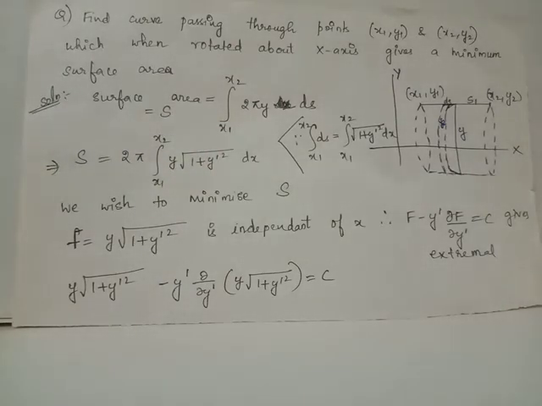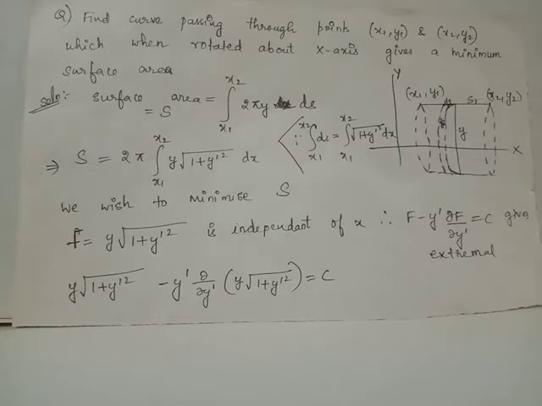We have integral x1 to x2 ds denotes arc length of the complete curve S1, which has the standard formula integral x1 to x2 root of 1 plus y dash square into dx. Thus, the equation for surface area of the solid generated about x-axis will be capital S equals 2 pi times integral x1 to x2 y into root of 1 plus y dash square dx.